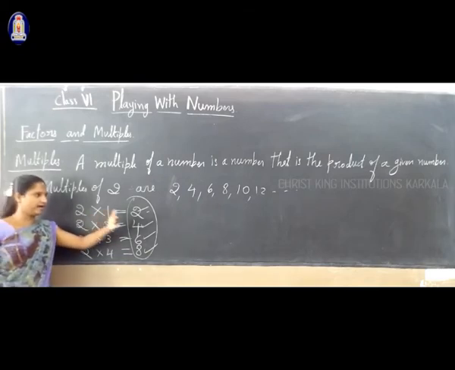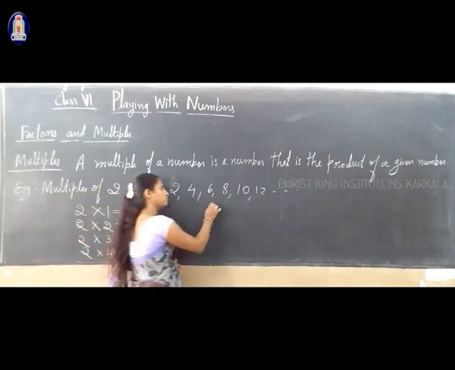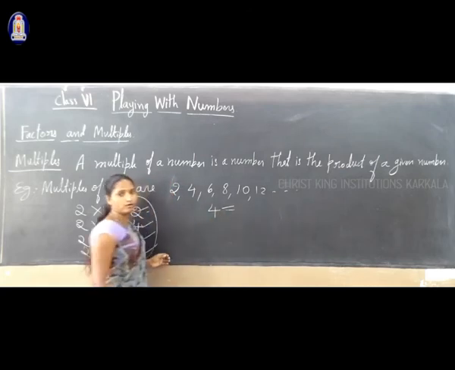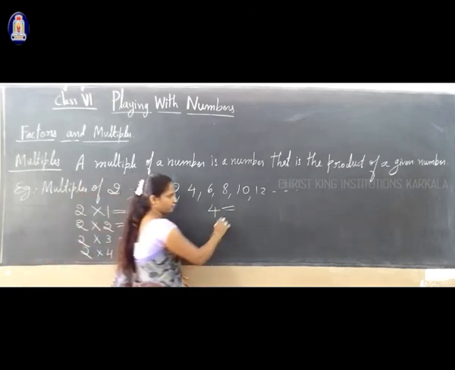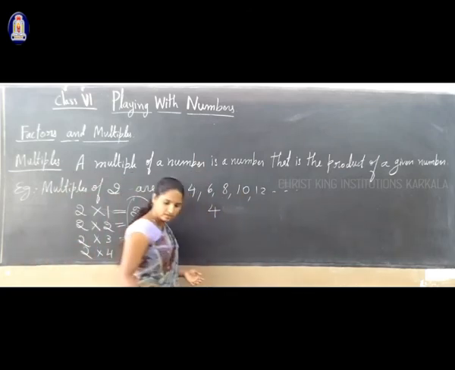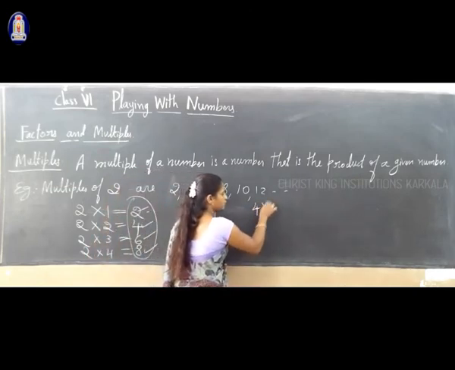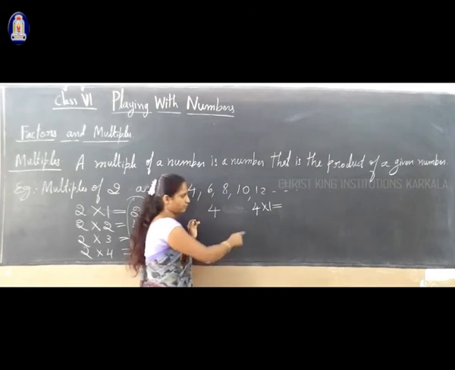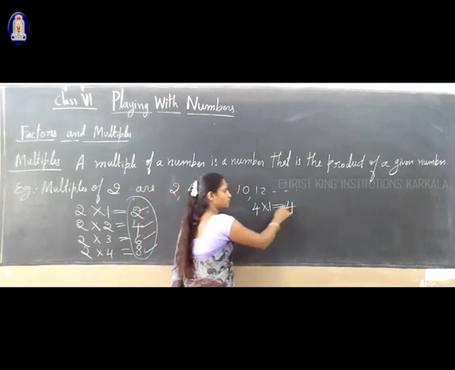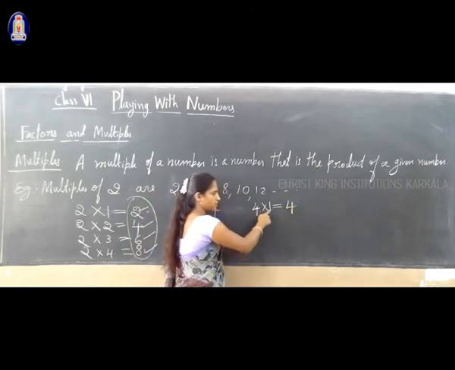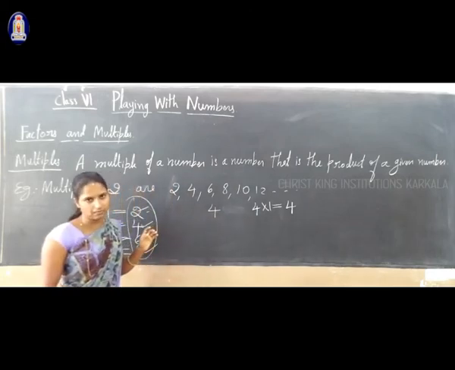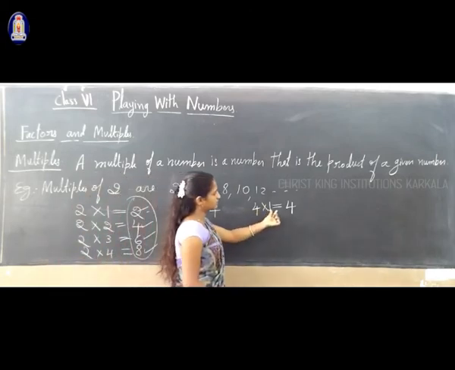For example, if I ask to write multiples of 4, what are the multiples of 4? The 4 table. We multiply and get the multiples of 4. 4 into 1, the product of the given number. We get 4 ones are 4. Multiplication. Product means multiplication. Clear? So 4 ones are 4.